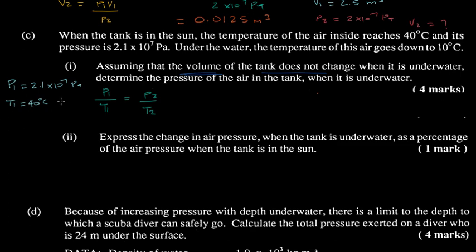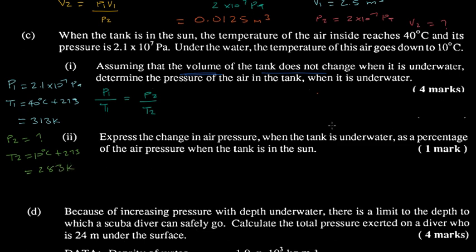So we add 273, and this works out to be 313 Kelvin. Now, P2 is our unknown, and T2 is 10 degrees Celsius, so 10 plus 273 works out to be 283 Kelvin.